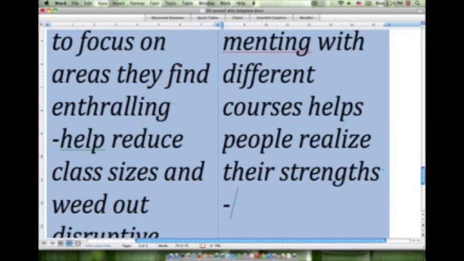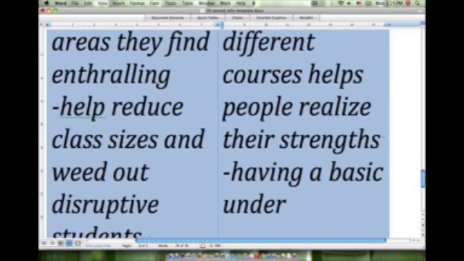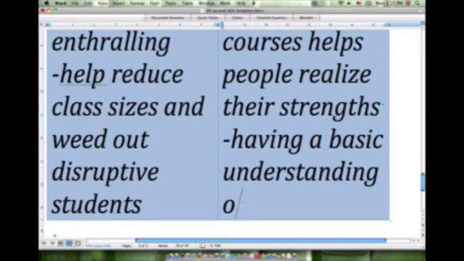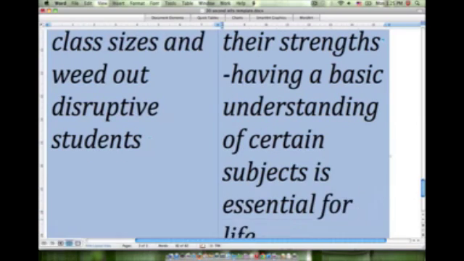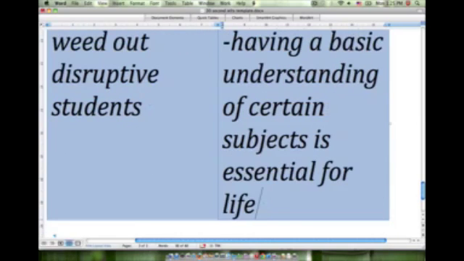So let's try something like: having a basic understanding of certain subjects is essential for life.